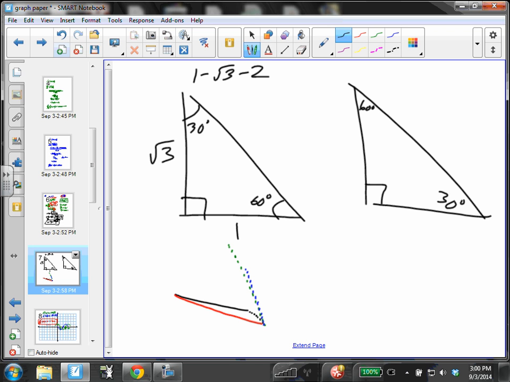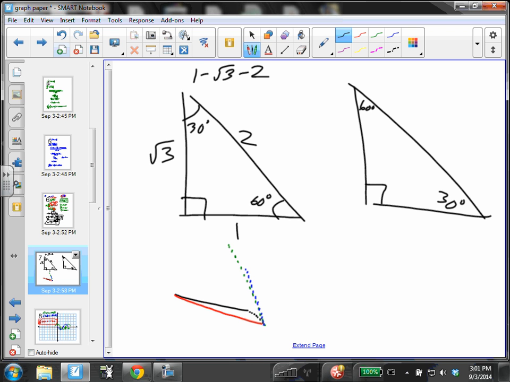And the 2 is the biggest, so it has to be the hypotenuse. Notice the hypotenuse is always opposite of a 90, and it's always the longest side, because if you have a 90-degree angle in a triangle, it has to be the largest angle. So the largest side has to go opposite the largest angle. It's the proportions that they always keep.